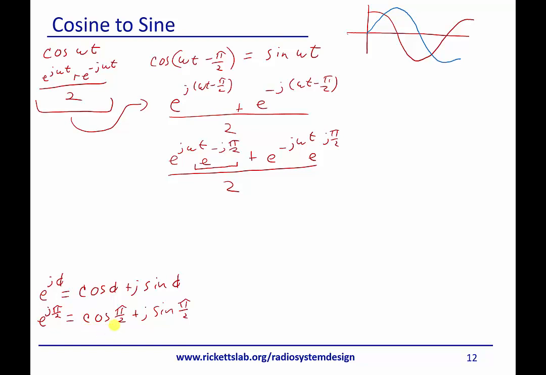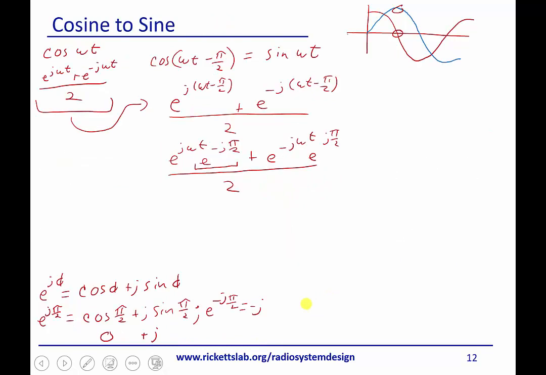Well, you know what this is equal to. Cosine of pi over 2 is 0, and sine of pi over 2 is 1. So plus j. And likewise, we can find out that e to the minus j pi over 2 is equal to minus j.